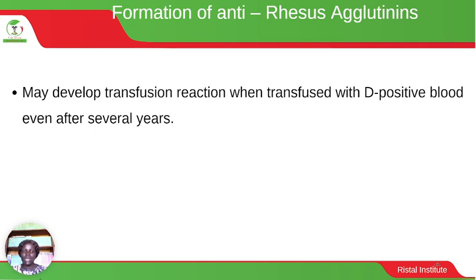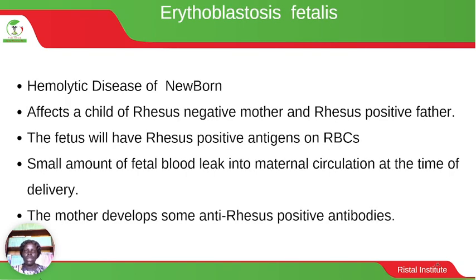The reason it happens that way is because the baby will normally take the rhesus of the father, so is likely to be rhesus positive, or likely to take the rhesus D, and the mother remains with her rhesus, which is not rhesus D. And that is where the problem comes from.